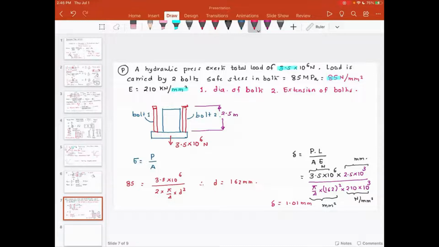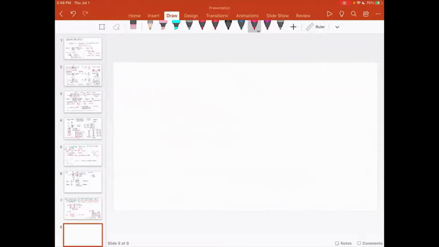Now, let me work out one more problem. Next problem is find the diameter of the pin and the bar.